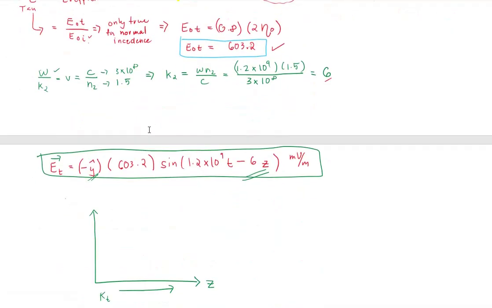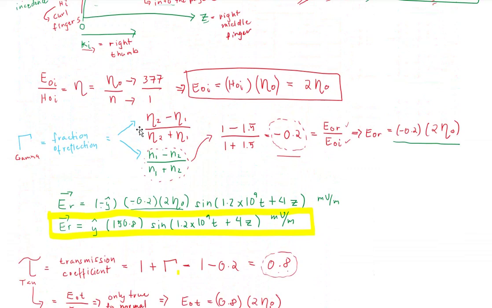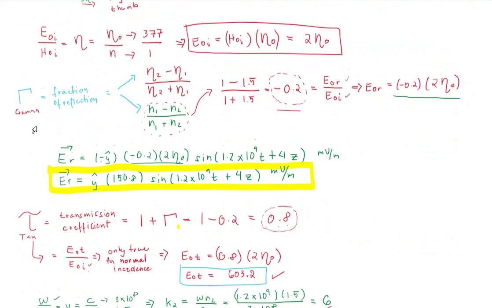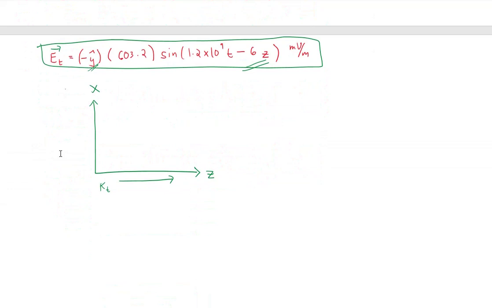So let's copy the axis from before. So from before, negative y is into the page, positive y is out of the page. So that means that E_t is into the page because negative y.